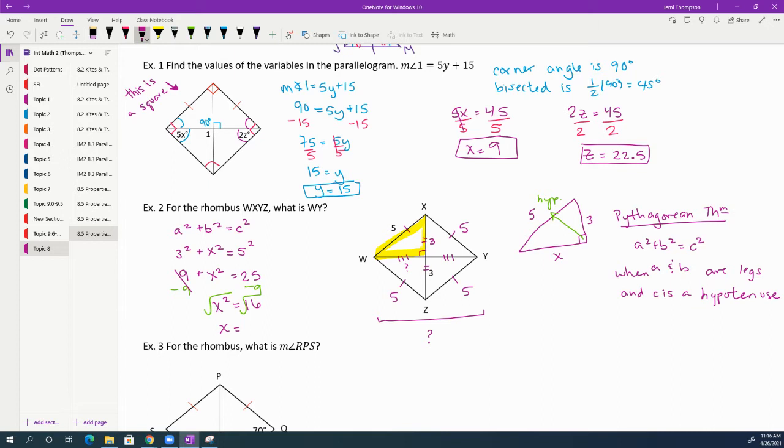When I take the square root of both sides, I get 2 answers. I get positive and negative 4. Now I need to bring that back to the context of the problem. I can't have a negative length of 4. This means that X is only going to be the positive value. That's what happens when I apply it to a real situation where I have an actual triangle here.